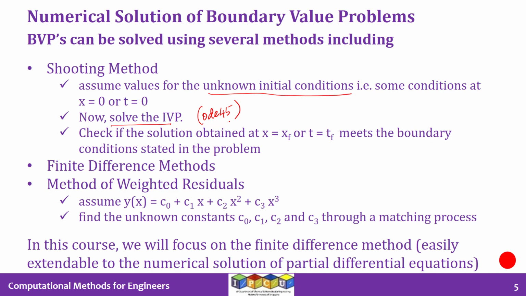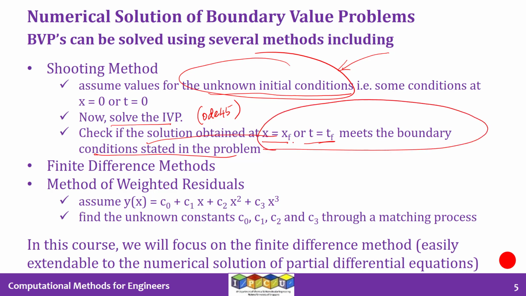Then I check if the solution obtained at the other end of the boundary, that means x is equal to xf or t is equal to tf, meets the boundary condition stated in the problem. If it does, I have assumed the right values for the unknown initial conditions and the problem has been solved correctly. If not, then I will reassume initial conditions and repeat this procedure until the solution at the right boundary meets the conditions stated in the problem.